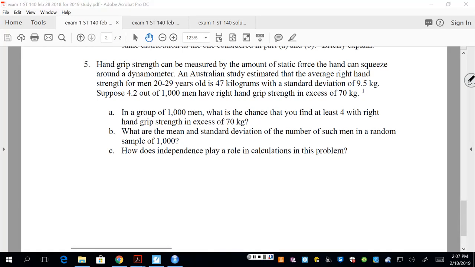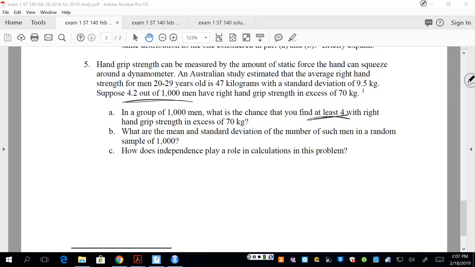So the key thing in this revision is there's kind of a rate out of 1,000 men that have a very strong right hand grip strength. So in a group of 1,000 men, what are the chances that you find at least 4 with right hand grip strength in excess of 70?